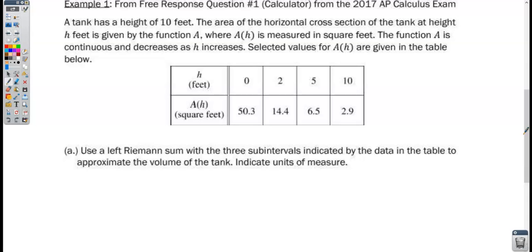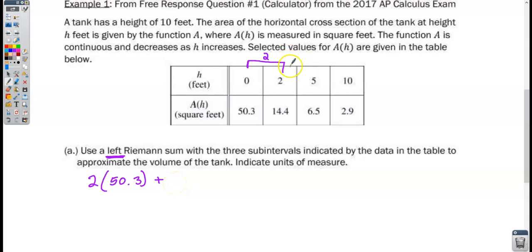All right, so we're using a left Riemann sum, which means for each subinterval we want to use the left endpoint. I start with the first subinterval, the interval from 0 to 2. The width of that rectangle is going to be 2, and the height is going to be from the left endpoint of the interval. The left endpoint of the interval from 0 to 2 is at 0, and the function value there is 50.3.